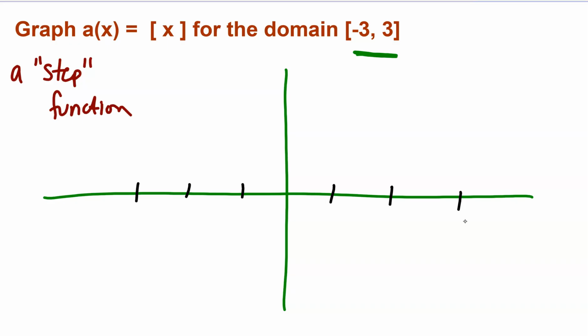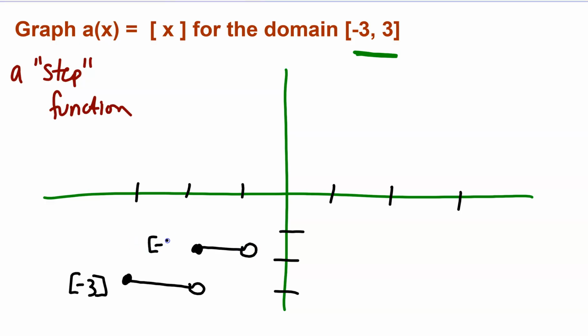These are going to be the integers. Let me just do this one. So negative 3, all the way to negative 2, not including it. So this is what this one looks like. And then the next one's going to go negative 2, all the way to negative 1, not including it.